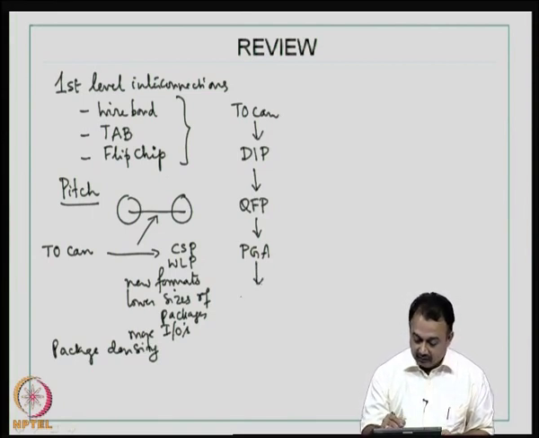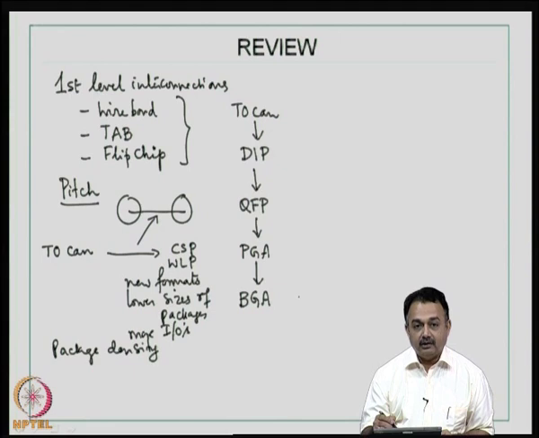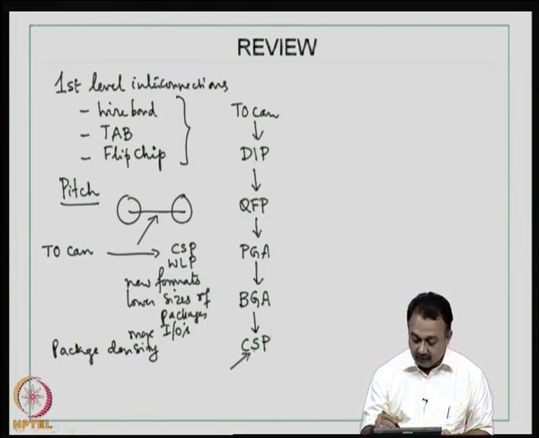Then came the migration to ball grid array, BGA, packages, and finally, today we have what is known as the CSP class of packages. This is called chip size or chip scale package.